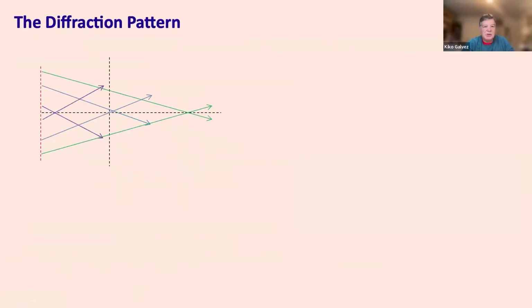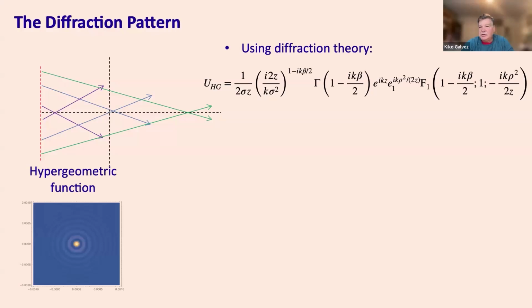Okay, so what about the diffraction pattern analytically? Using the diffraction integral, one can work this out, and you get that the function that explains the pattern is a confluent hypergeometric function.